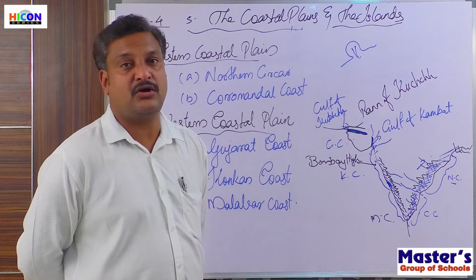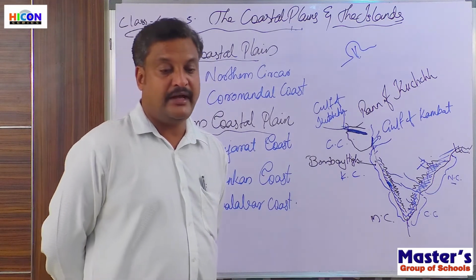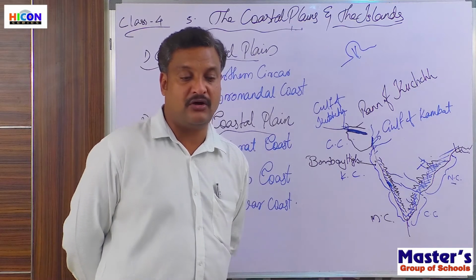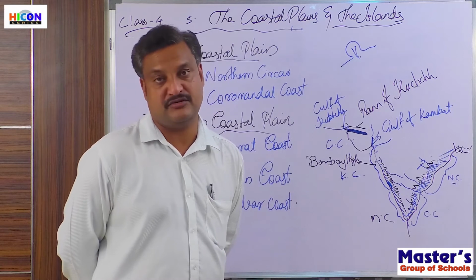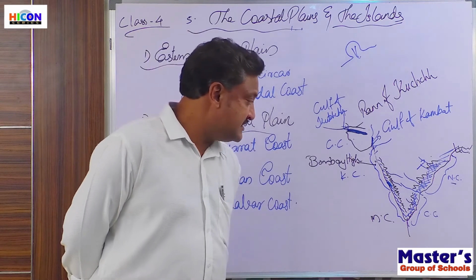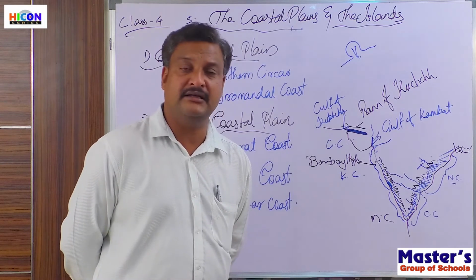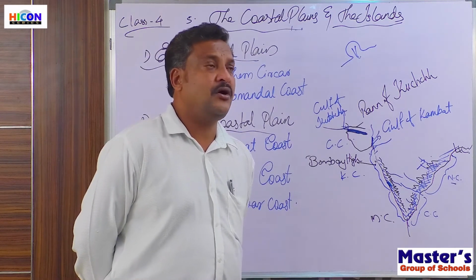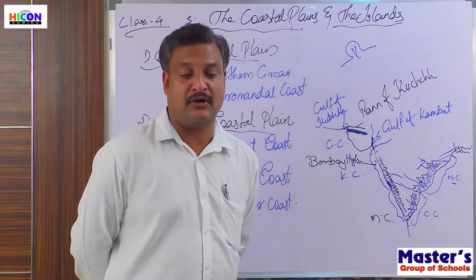The major crops that are cultivated in this region include rice, tobacco, coffee, coconut, banana, groundnuts, sugarcane, etc. Right? So the major states that fall under this region are Karnataka and Kerala. Coconut is one of the most important cultivations in Kerala and it is known as the land of coconuts.